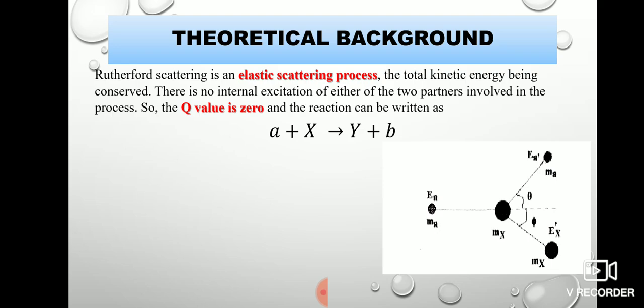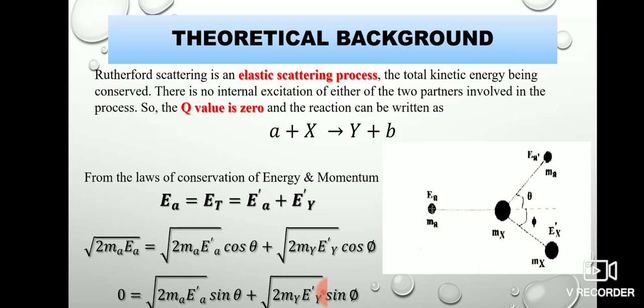As there is no internal excitation of either of the two partners, that is, the incoming projectile as well as the parent nuclei are not excited, the Q value of this process will be 0 and the reaction can be written as A plus X gives Y plus B. In this case, Y is the same as X itself and B is A itself. But the energy of the particles may change after the collision.